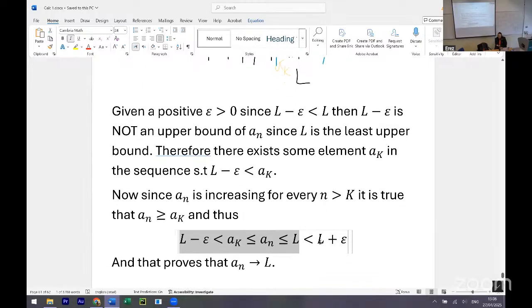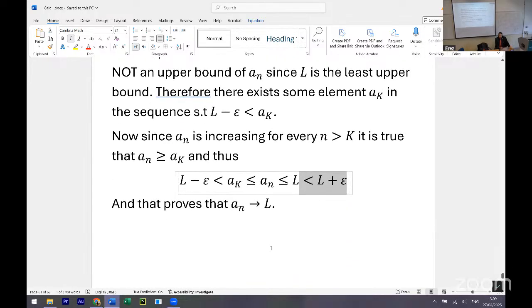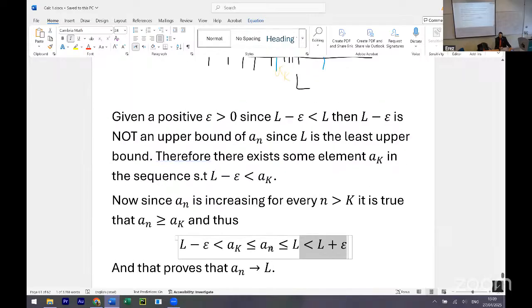But to be accurate, I have to prove that it's between L minus epsilon and L plus epsilon, but it's obvious, and that's why I just wrote and noticed that L is smaller than L plus epsilon. But it doesn't necessarily have much significance. Yes, it doesn't have any, because we've proven here that the elements are less than L, they'll never pass L to the right. But this is the accurate proof of the actual definition. Okay?